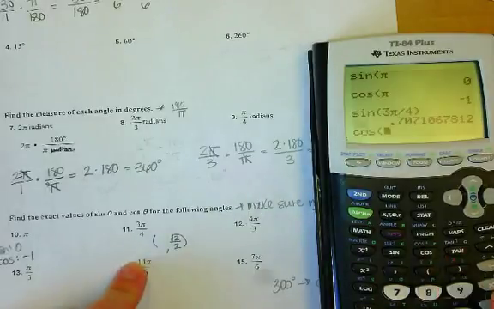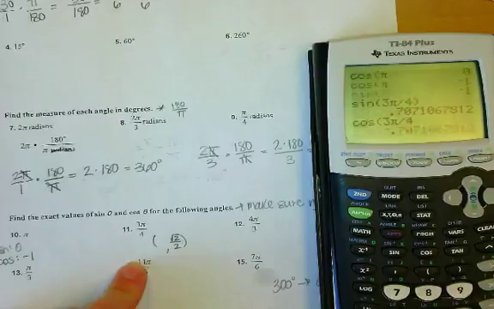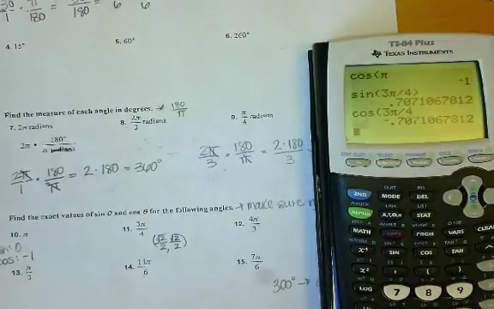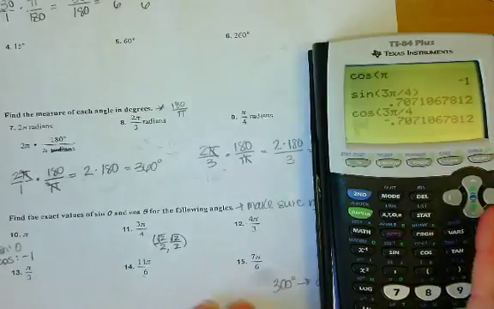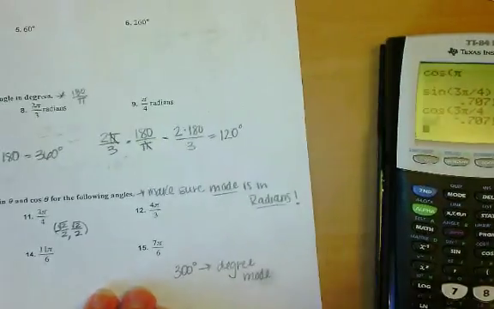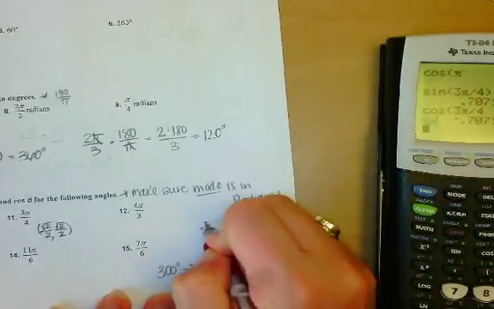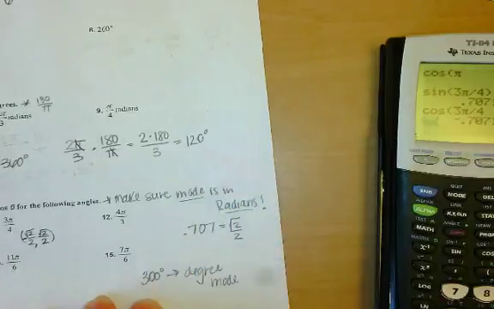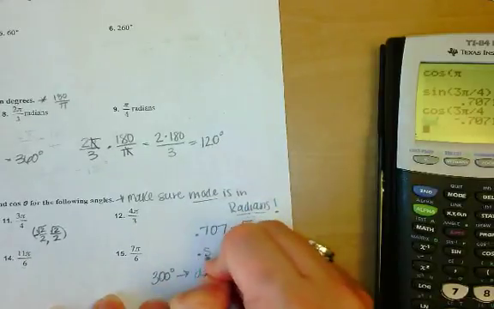That goes in place of y. And then I need to find the cosine of 3 pi over 4, which is also going to give me the square root of 2 over 2, but it happens to be negative. So all you're doing here is typing these in your calculator. You have to make sure that you remember that 0.707 is equivalent to the square root of 2 over 2.